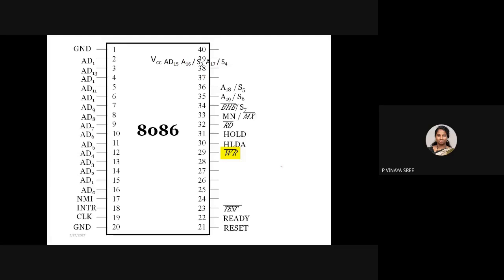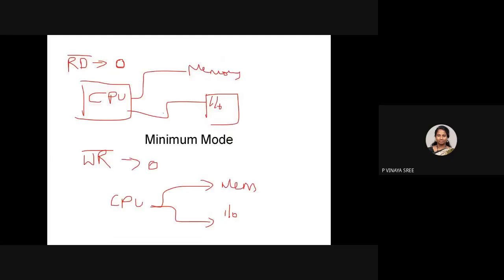So tell me the sequence. First we have DEN bar. Next we have DT by R bar.